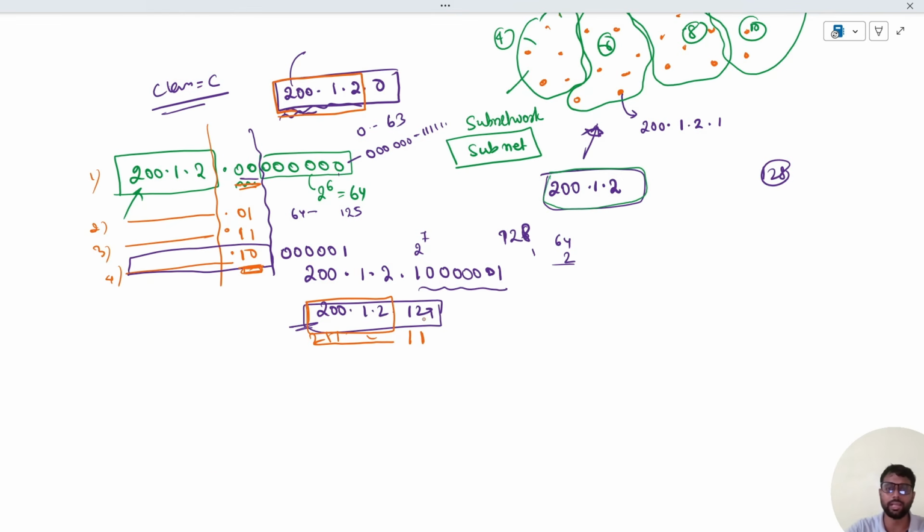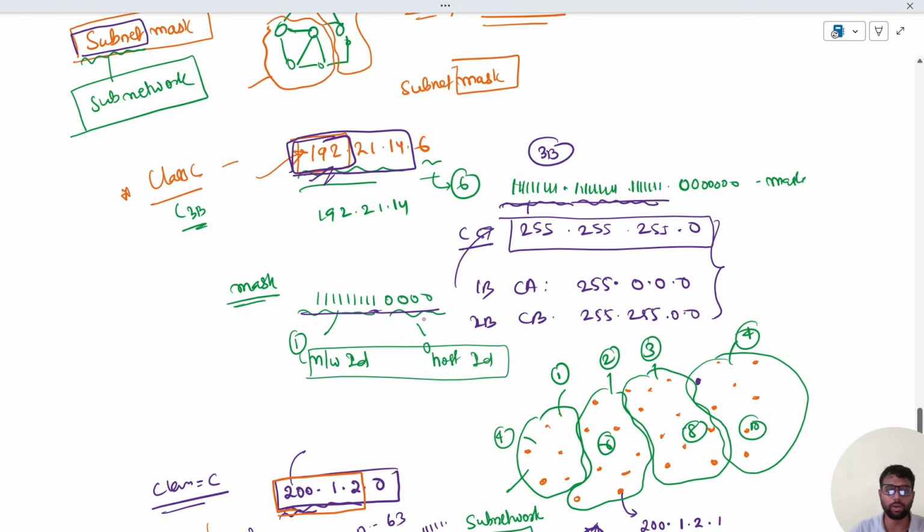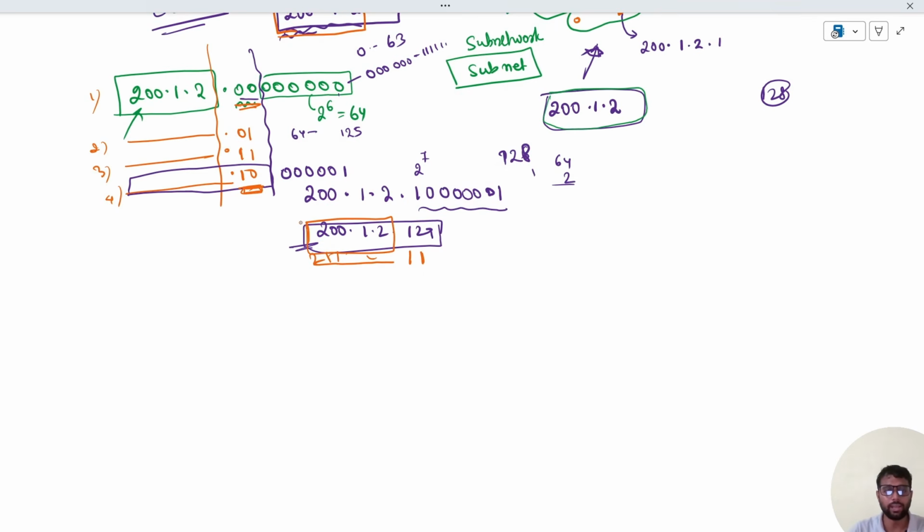Because in sub-network, we have seen number of ones represent what? Number of ones represent the network ID. So to represent the sub-network ID, how many bits are reserved for sub-network ID? 2. So the mask of this would be like 255.255.255.11, then all zeros.